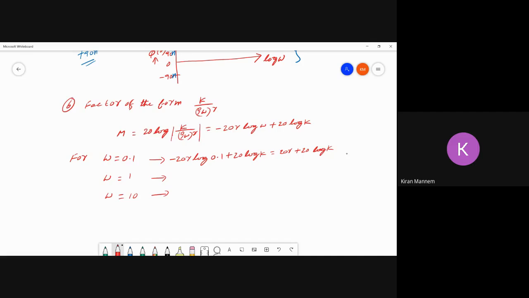Next, when omega equal to 1, it is minus 20r log 1 plus 20 log k. Log 1 is 0, so we have only 20 log k. Both are in dB.